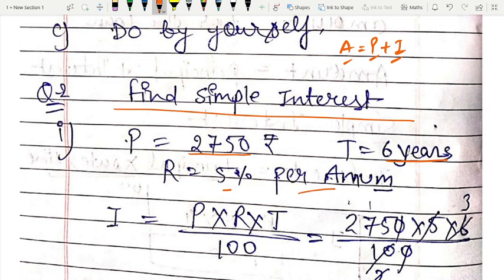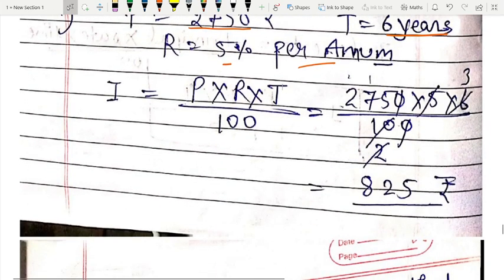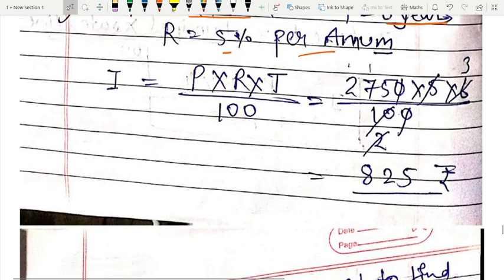So we can find I is equal to P into R into T upon 100. Principal is 2,750 rupees, multiplied by R. What is R here? 5%. T is here 6 years, upon 100. Now just simplify this and you will get the answer, 825 rupees.